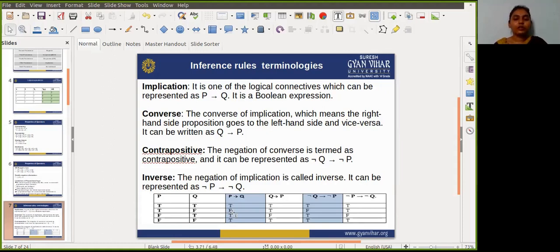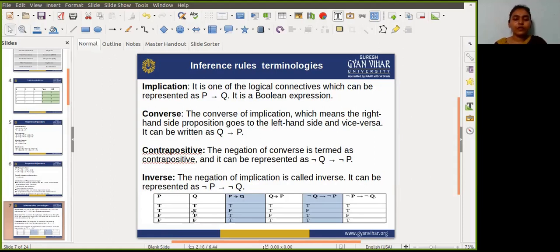In the converse, again, we take the value of q first, and then the value of p. In the first case both values are true, so obviously the result value is true. In the second case, the value of q is false and the value of p is true.